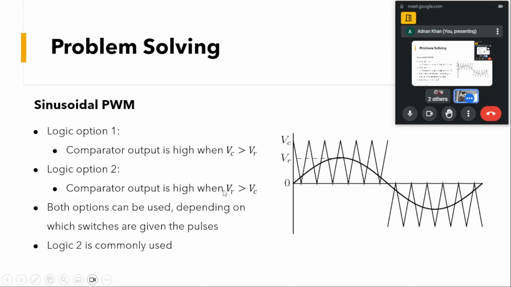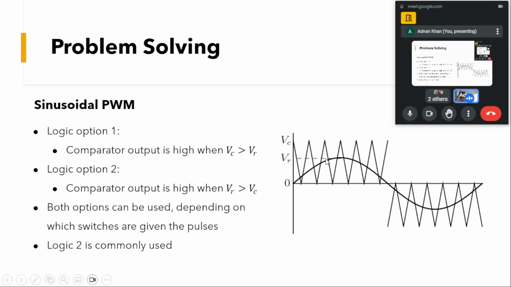But mostly what we use is when the reference is greater than the carrier. Either option is correct, 1 as well as 2, but mainly we use logic 2.